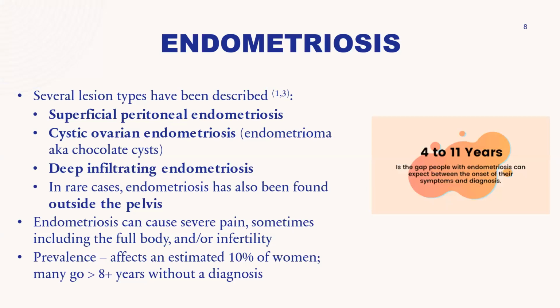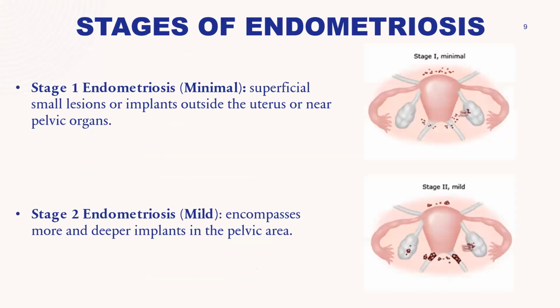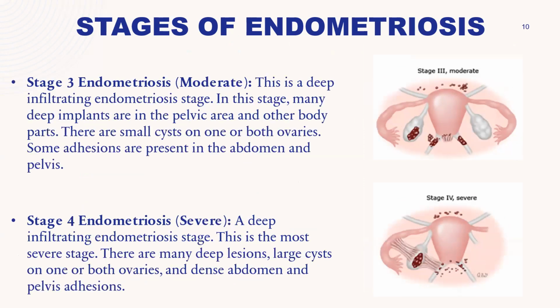So we have 4 stages of endometriosis. Stage 1 is minimal. There are superficial or small lesions or implants outside of the uterus or near pelvic organs. Stage 2 is mild. It encompasses more and deeper implants in the pelvic area, as noted in the pictures. Stage 3 is moderate. This is a deep infiltrating endometriosis stage.